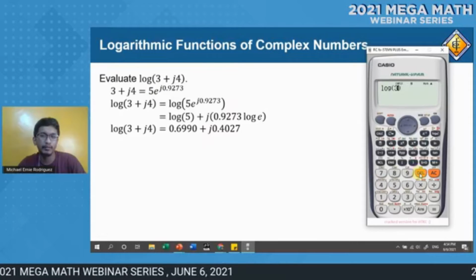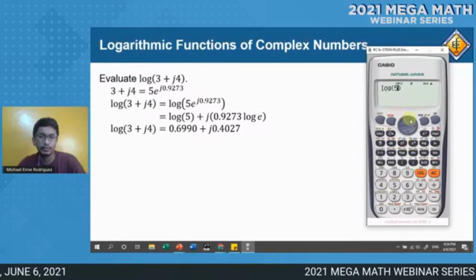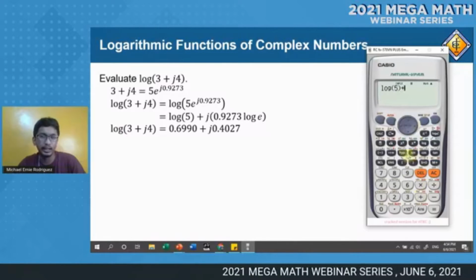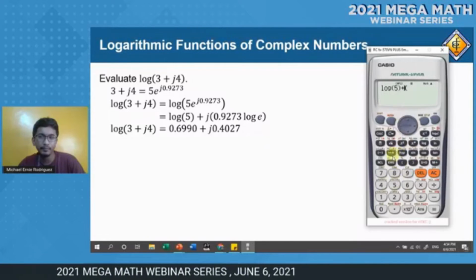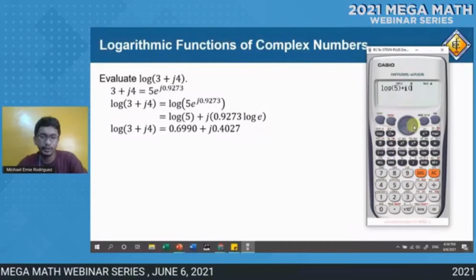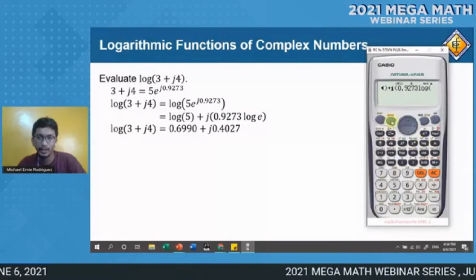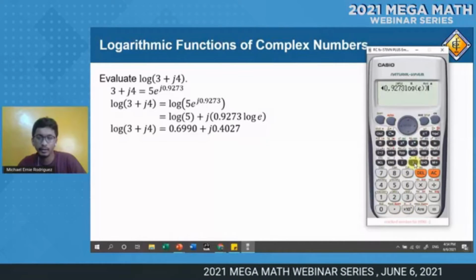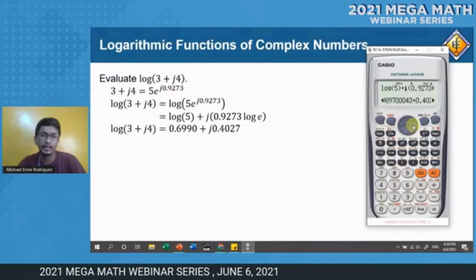So we have logarithm of 5, di ba? So input lang natin itong formula. So kailangan nyo talagang tandaan yung formula for this one. So we have j 0.9273 logarithm of e. Ayun. Bago pa lang lalabas yung sagot natin.